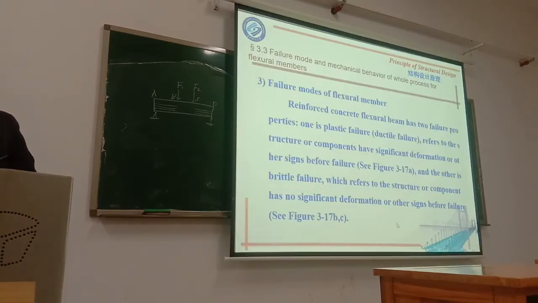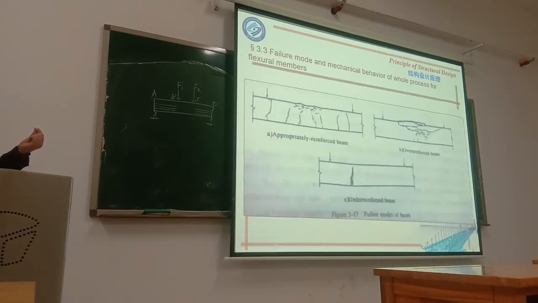Okay. So there are two different types of failure, and for beams with different reinforcement ratios, too much or too little reinforcement will induce different failure. You see, this one is the properly designed reinforced beam.